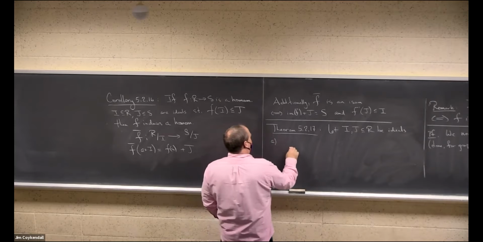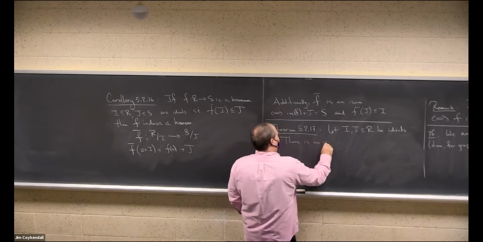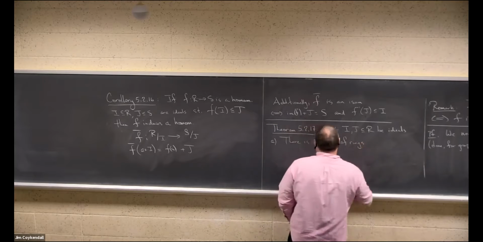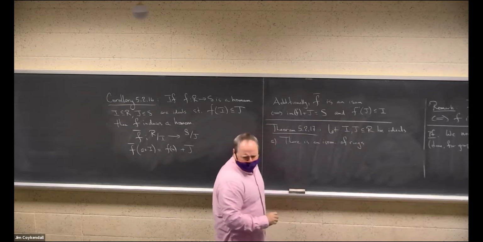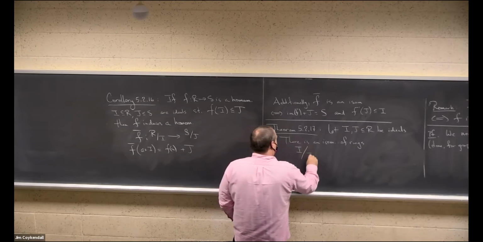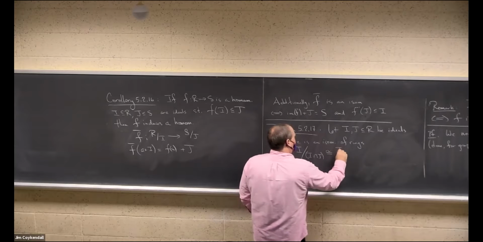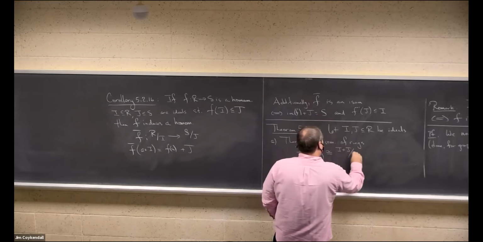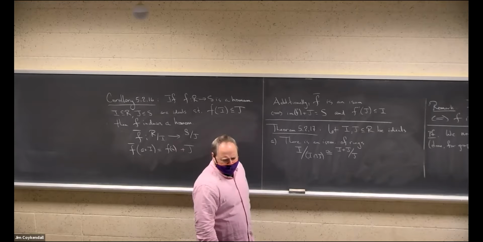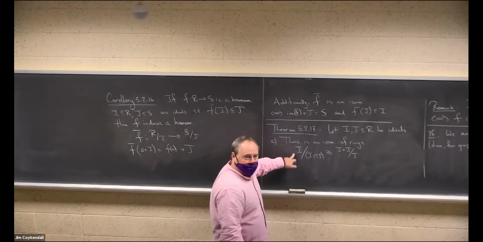There is an isomorphism of rings: I mod I intersect J is isomorphic to I plus J mod J. This should probably look familiar, right?